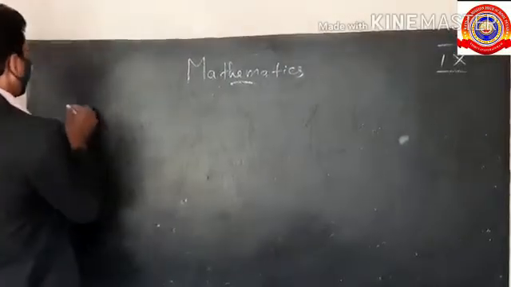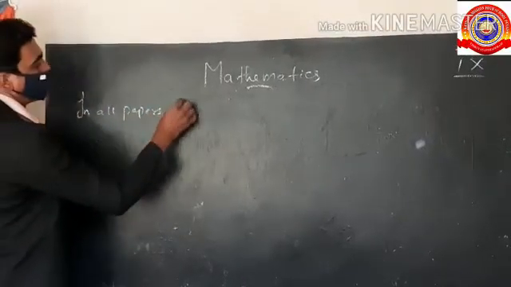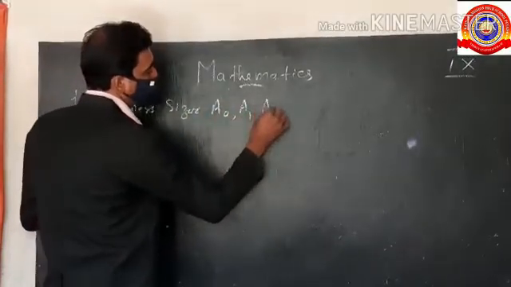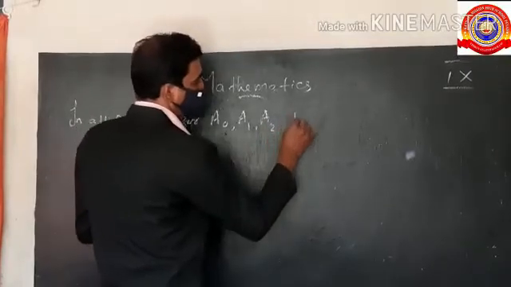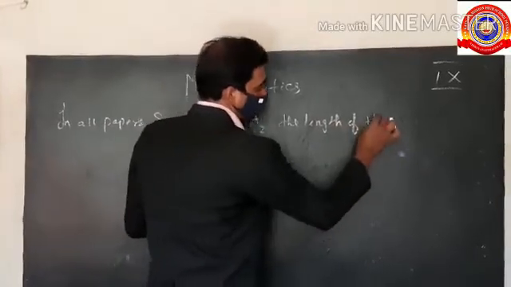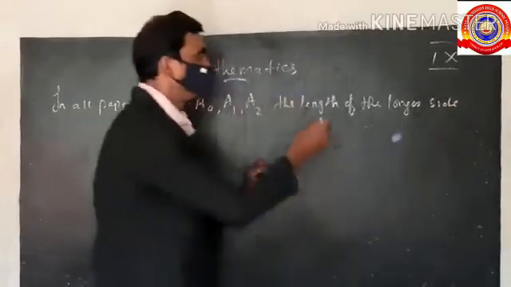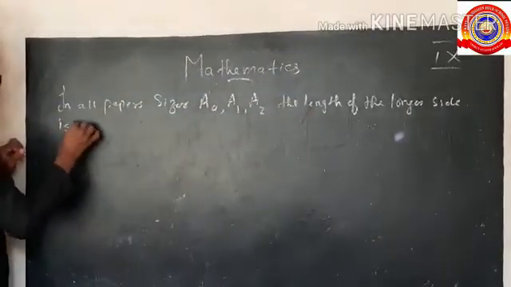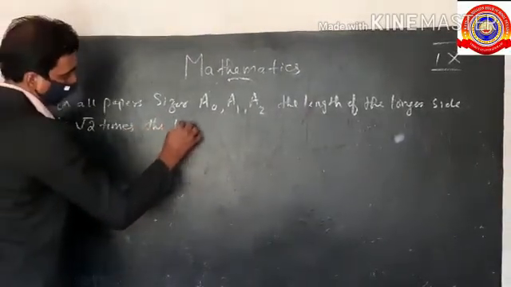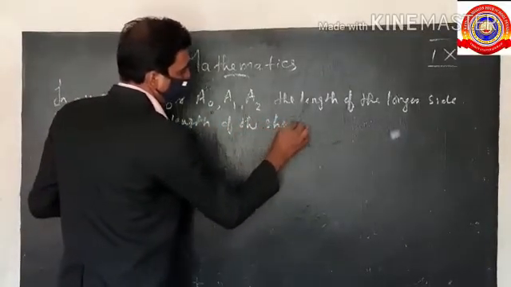Look, in all paper sizes A0, A1, A2, etc., the length of the longer side is √2 times the length of the shortest side.